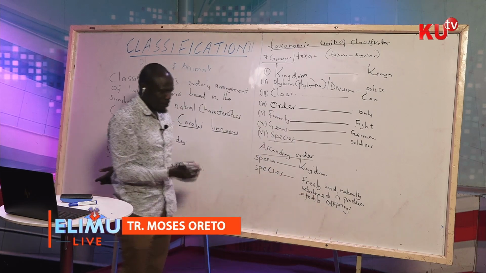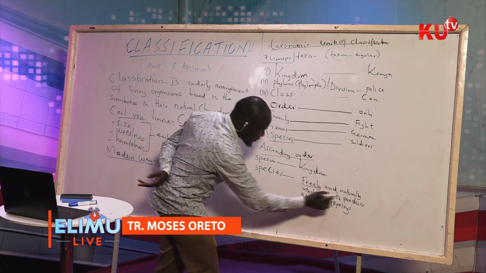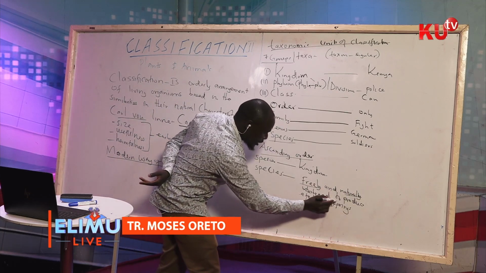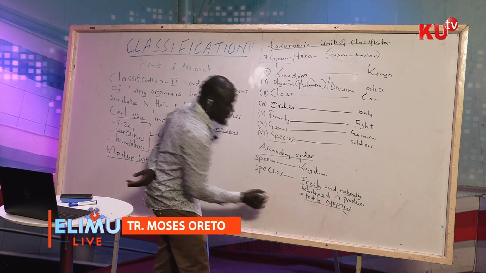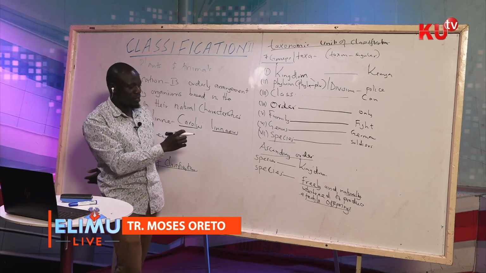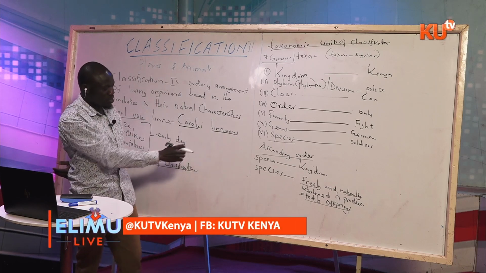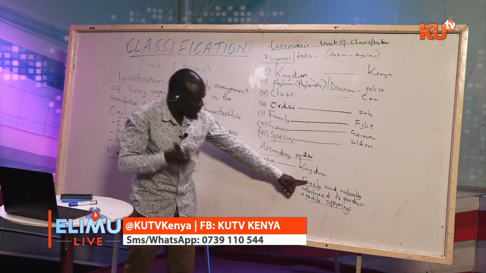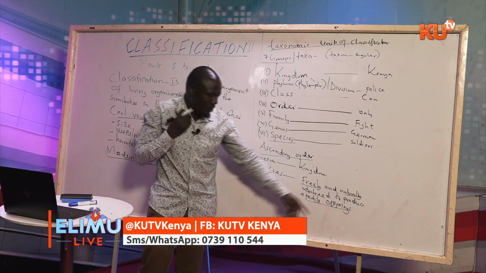These are very important things, because if you miss these keywords, to interbreed and to produce a fertile offspring, these are some of the key things that we always check while marking the definition of the species. So these organisms must freely and naturally interbreed to produce a fertile offspring.